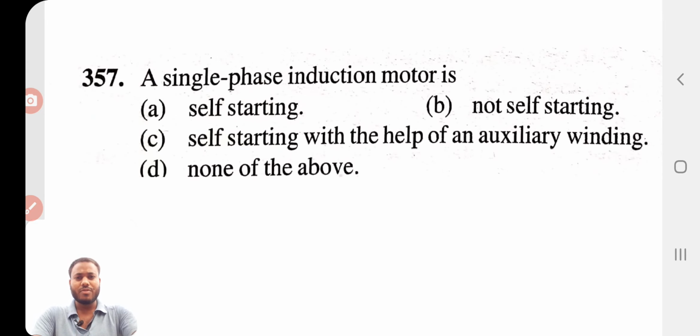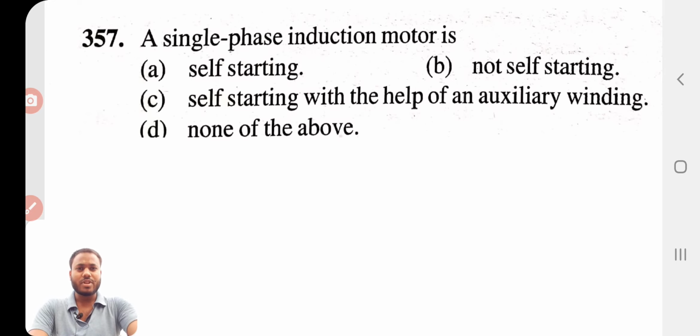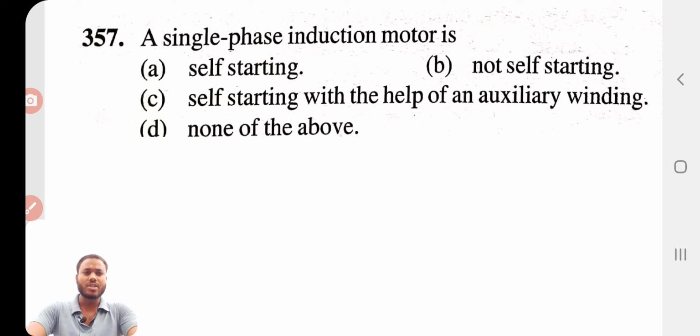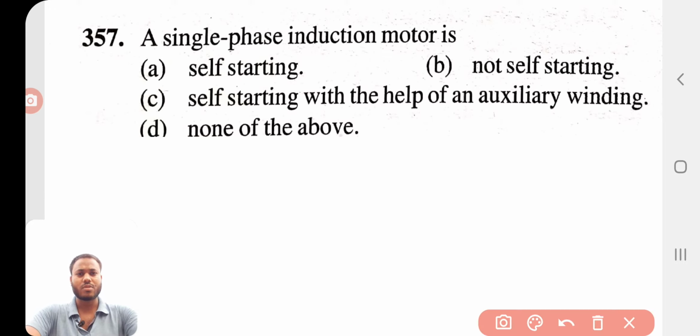We are solving the questions very frequently because time is very less. The question is, a single phase induction motor is A, self-starting, B, not self-starting, C, self-starting with the help of an auxiliary winding, D, none of the above. So, what is the starting in case of a single phase induction motor?